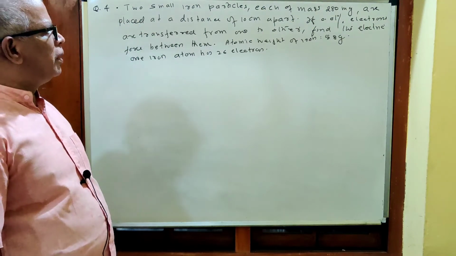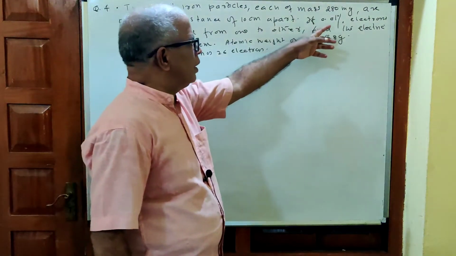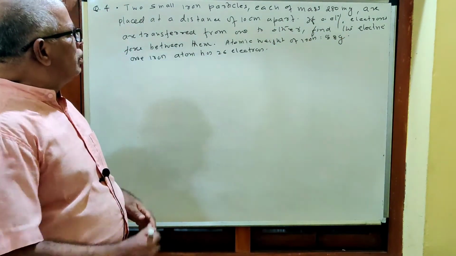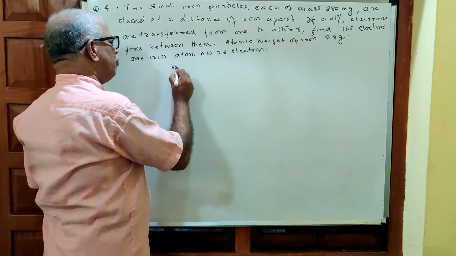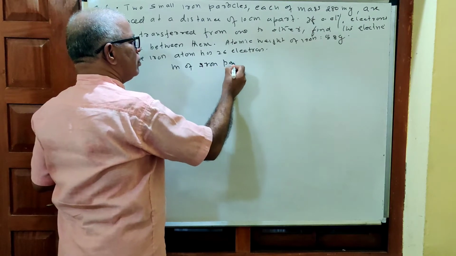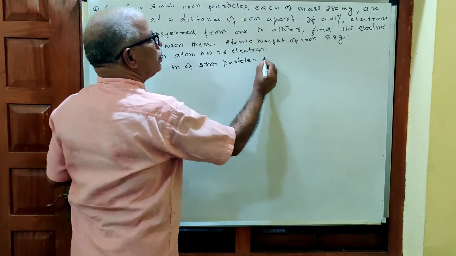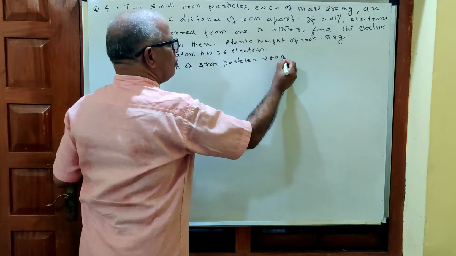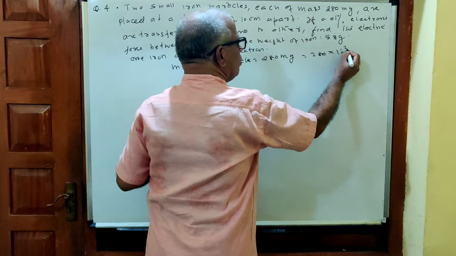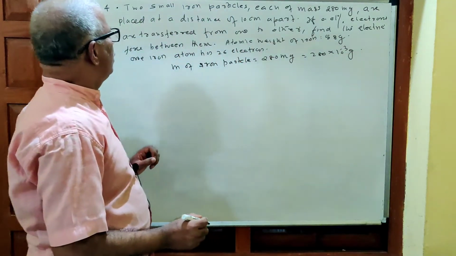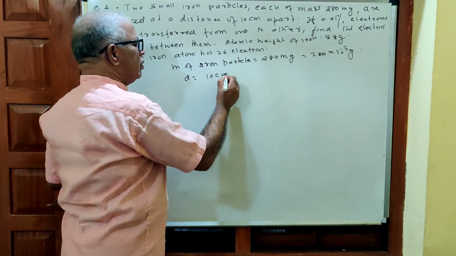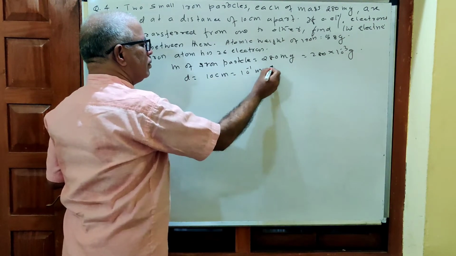Dear students, let's do one more sum. Two small iron particles, each of mass 280 milligram, are placed at a distance of 10 centimeter. That is, mass of each iron particle is 280 milligram, that is 280 into 10 to the power minus 3 gram. d is equal to 10 centimeter, 10 raised to minus 1 meter.